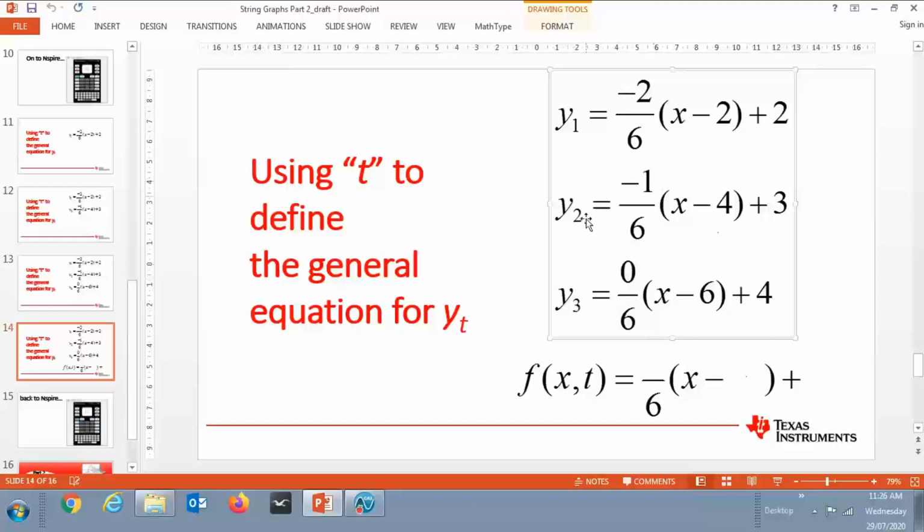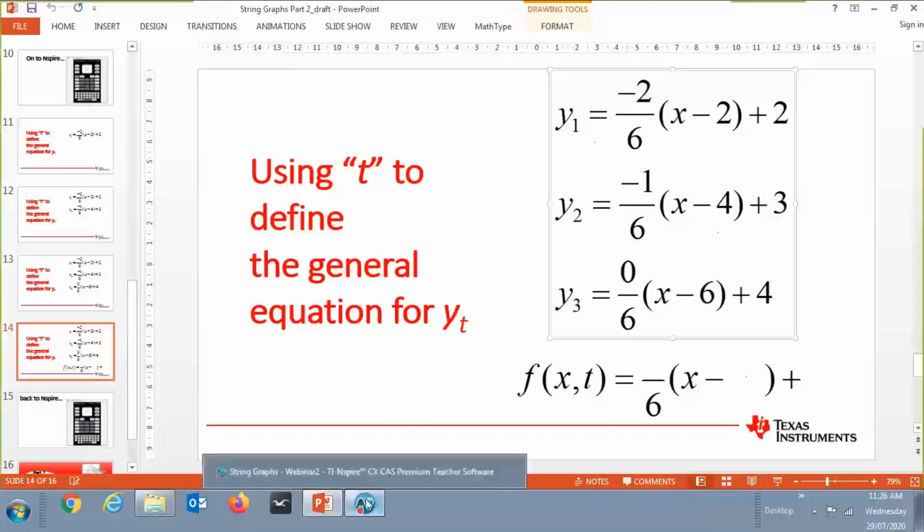Negative 1 is 3 less than 2. Negative 2 is 3 less than 1. Okay, keeping that all in mind, let's go back now to our calculator page and assign some variables for t.